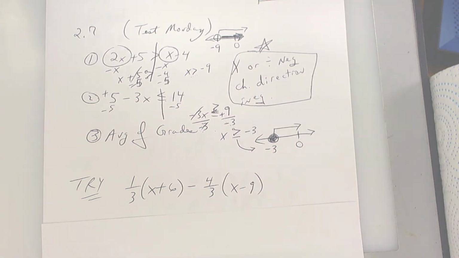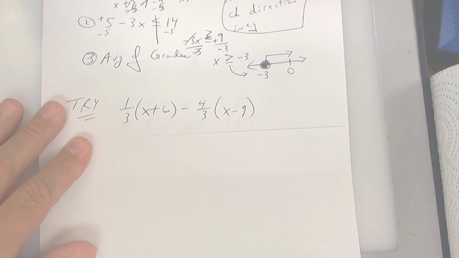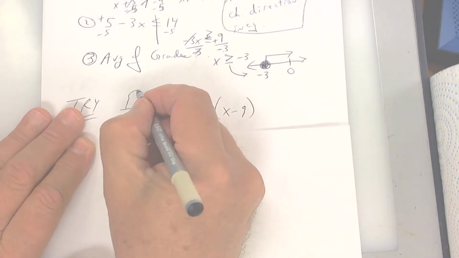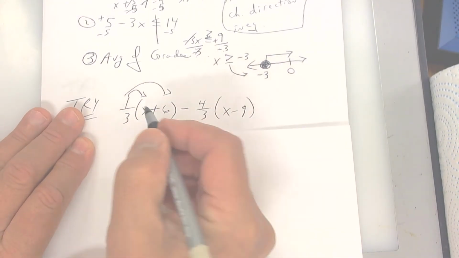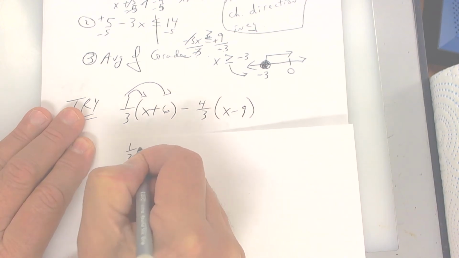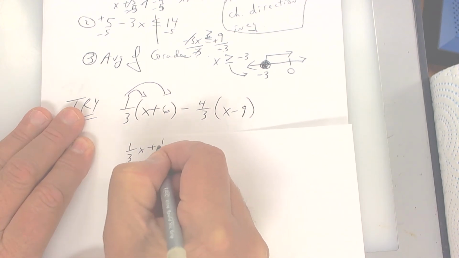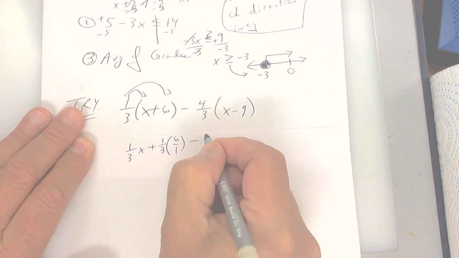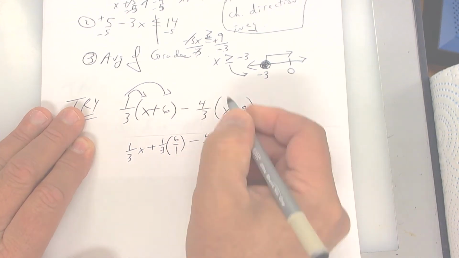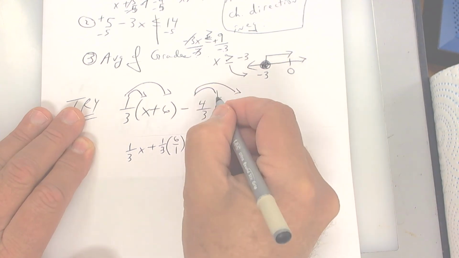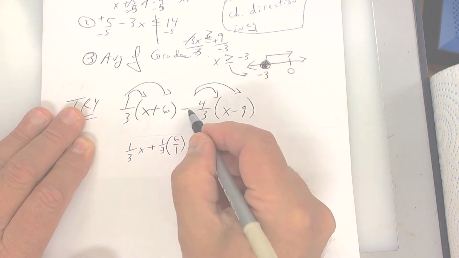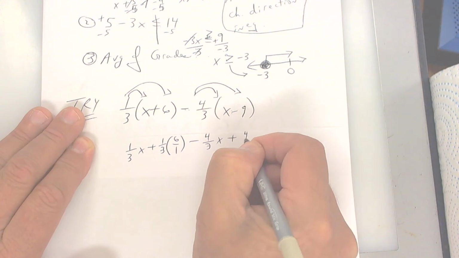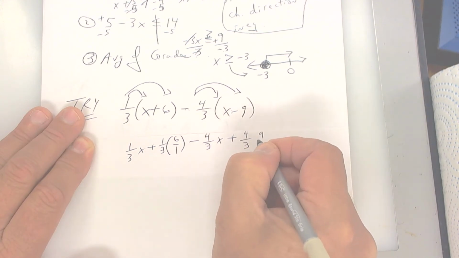Okay, one more. This one is similar to one you had, I think it was number 7 the other day. So it's 1/3 times x, and then it's 1/3 times 6 over 1. And then minus 4 over 3x, and then minus, actually that's going to be a double negative, so that's going to be plus 4 over 3 times 9 over 1.